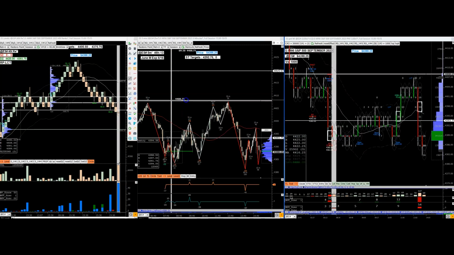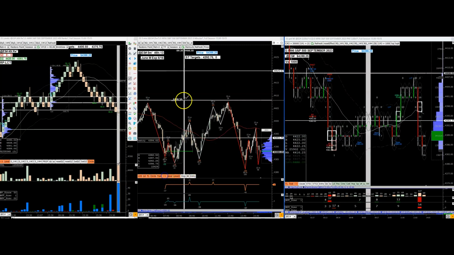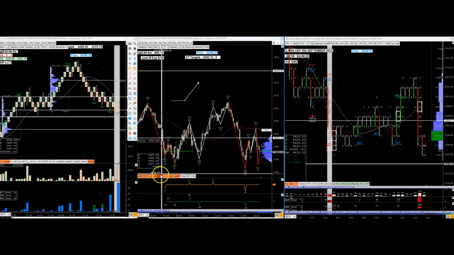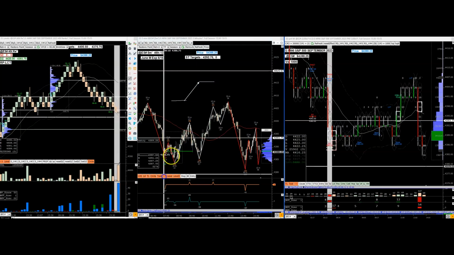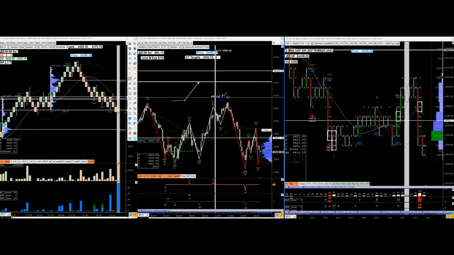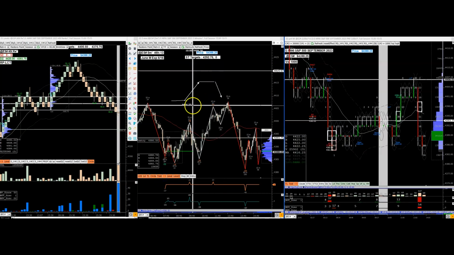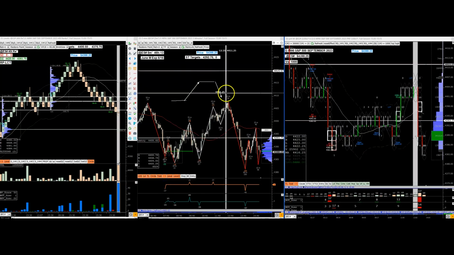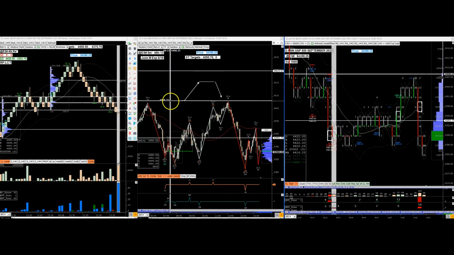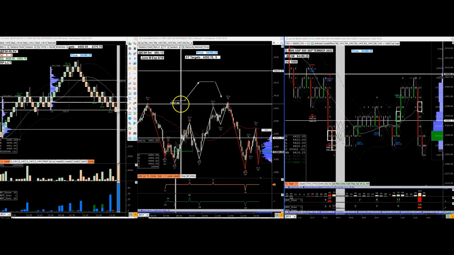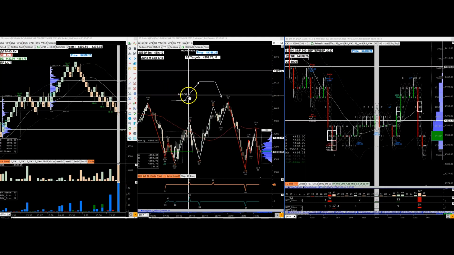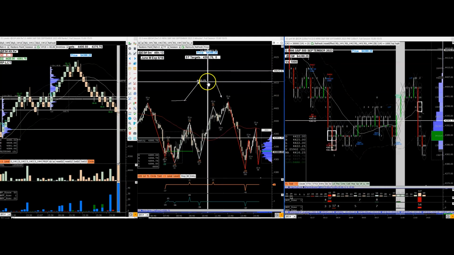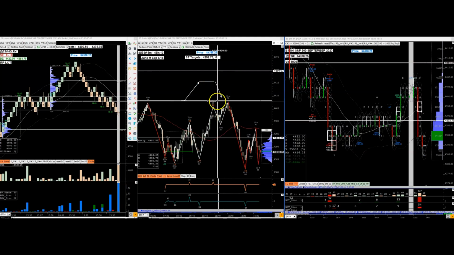You have accumulation, and you have markup, then you have distribution, and you have markdown. It's really the, what is it called, cycle, right? Accumulation, markup, distribution, markdown. So the idea is to diagnose accumulation so you can get that markup. That's your objective. Get that markup. Then diagnose distribution in order to get that markdown.